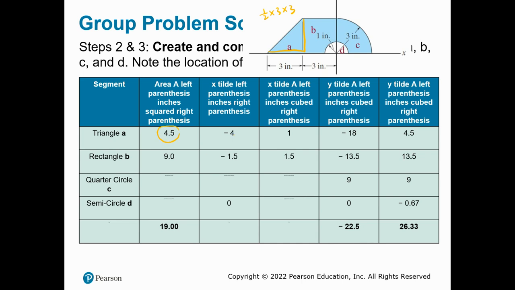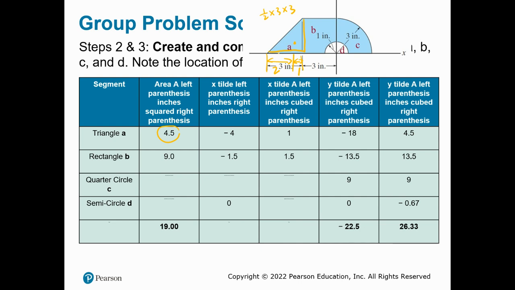And then the next two columns show you the x and the y coordinate of the centroid of the triangle itself. Remember, the centroid of the triangle needs to be 1/3 from the base and 2/3 from the top. So 3 inches total, that means I will have 2 inches on the left side and 1 inch on the right side.